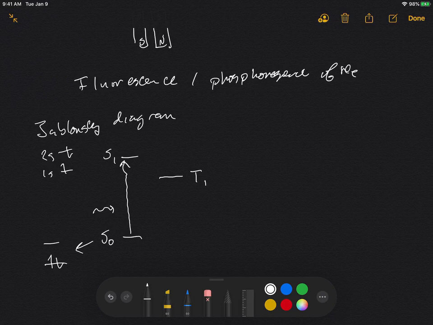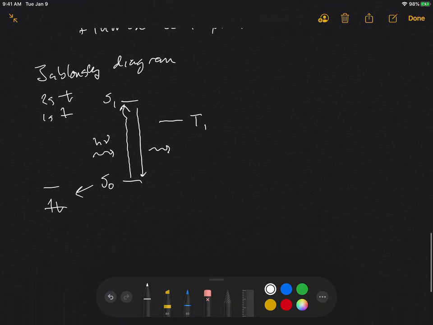However, it's going to stay around in that S1 state for a while. It can relax back down to S0 and re-emit a photon. And that's called fluorescence. Or it can collide with another helium atom, pick up enough angular momentum in the process to go from the S1 to the T1 state.